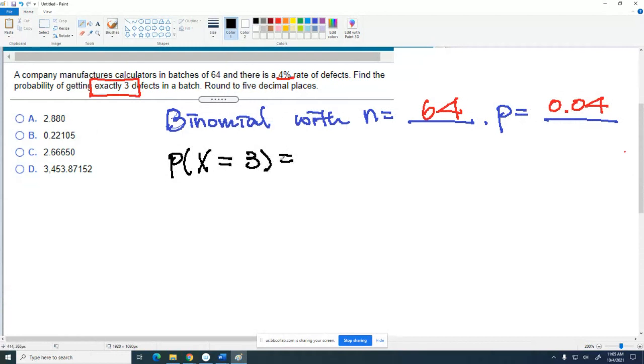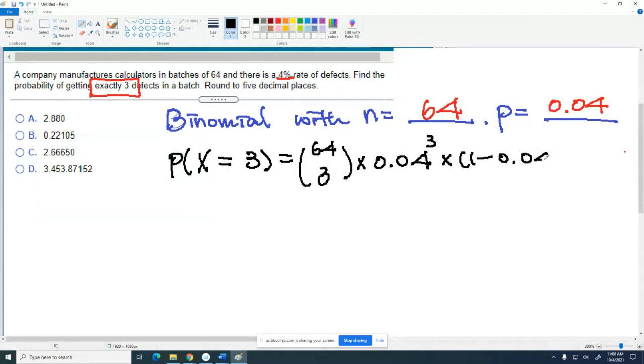And now we can apply the probability formula for the binomial distribution. n is 64, now x equals 3, and the probability of defectives is 0.04 to the power 3, times 1 minus 0.04 to the power 64 minus 3. So now let me take it part by part.